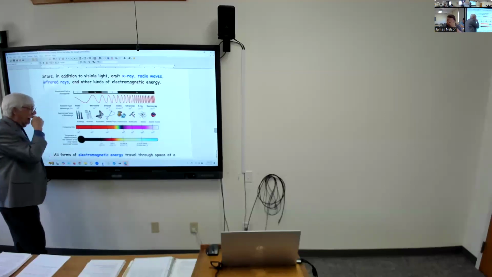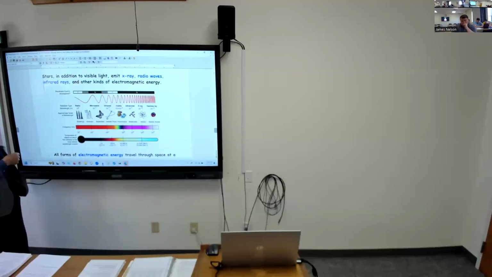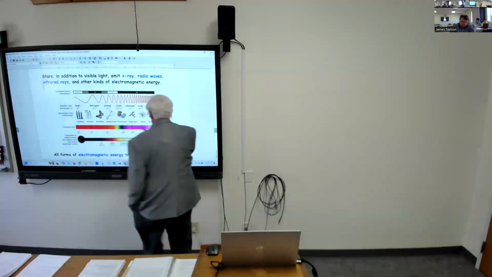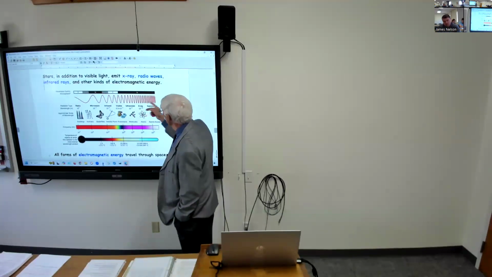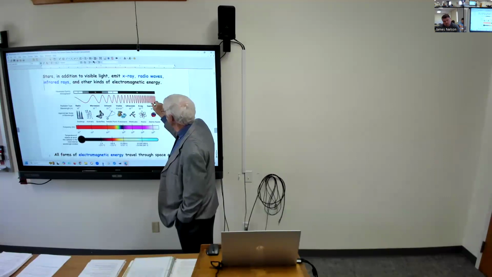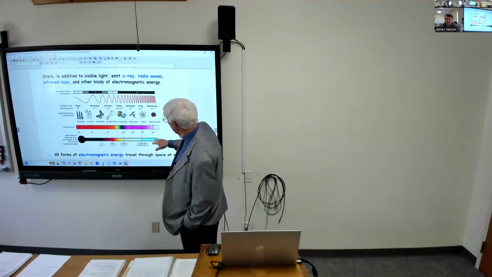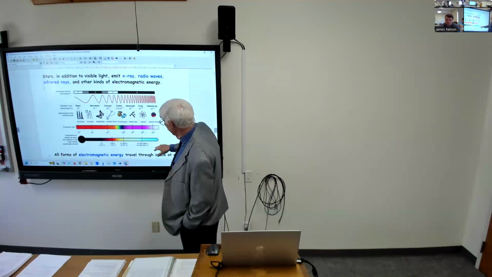So the wavelength scale, 10 to 30, okay. Frequencies, so the frequencies get shorter frequency here. And temperature is increased here as well.